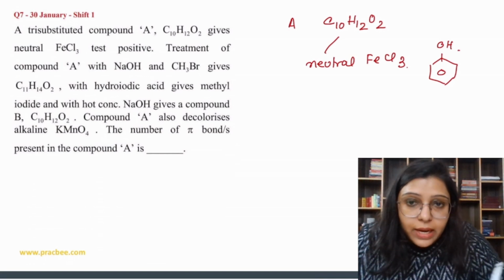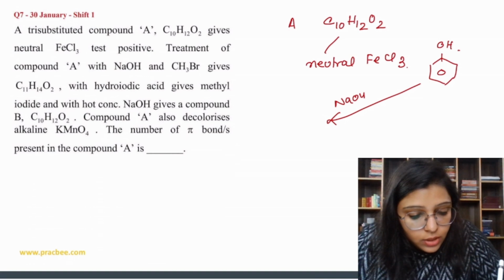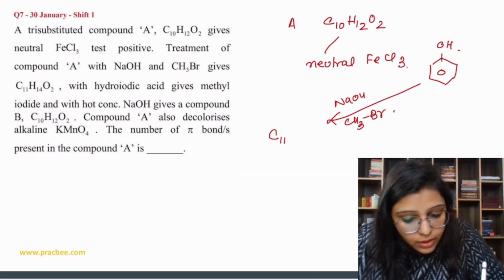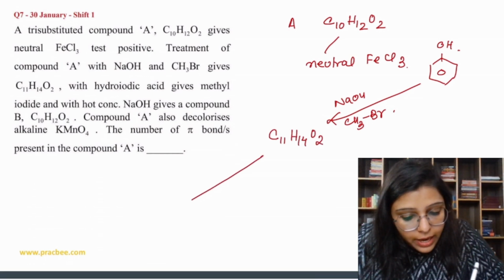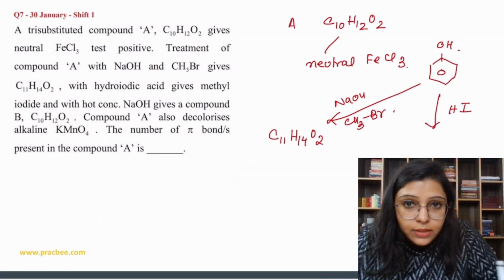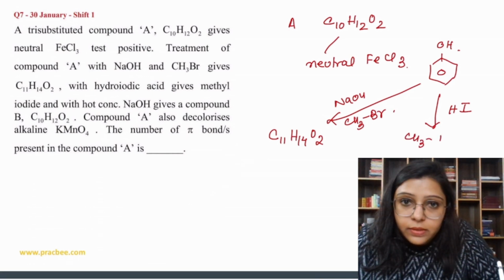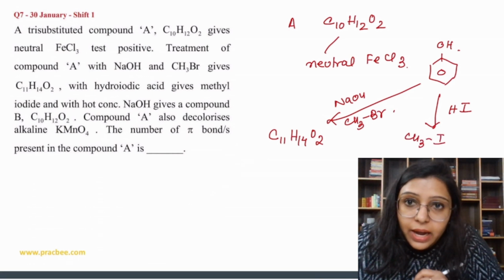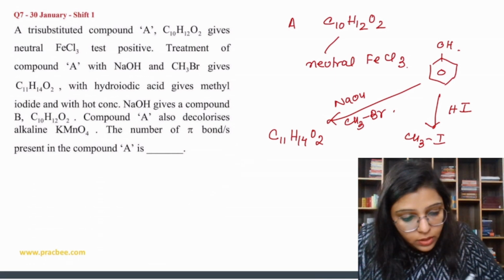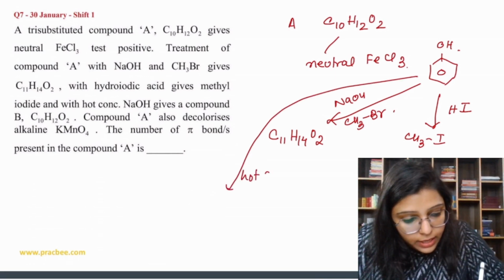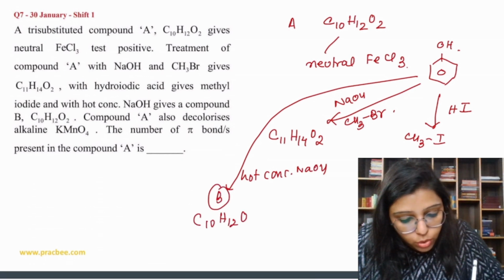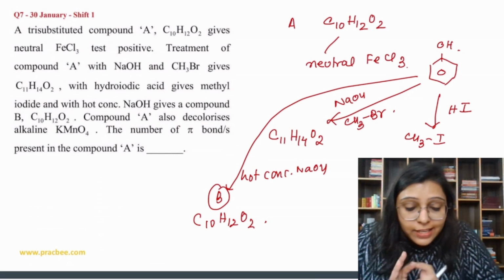Treatment of compound A with NaOH and CH3Br gives C11H14O2, and with hydroiodic acid gives methyl iodide, right? And with hot concentrated NaOH gives compound B, which is C10H12O2.